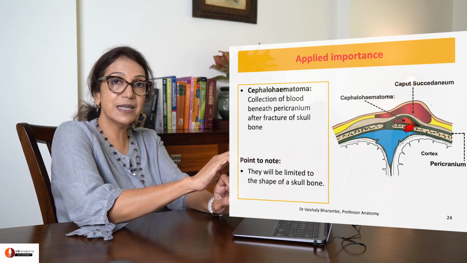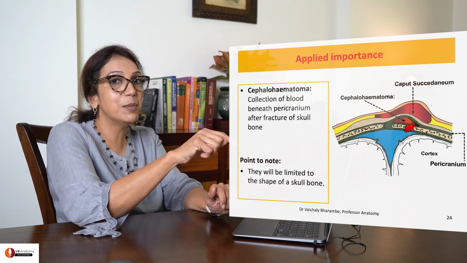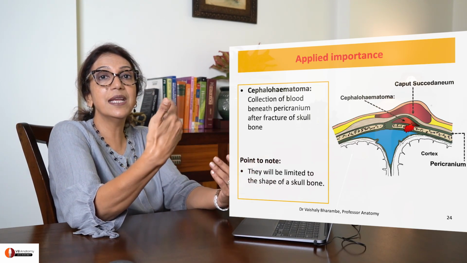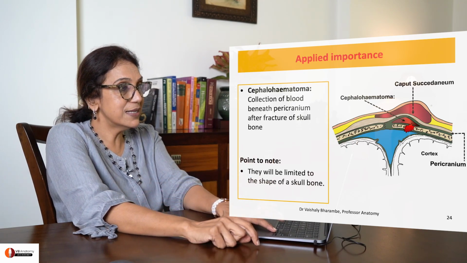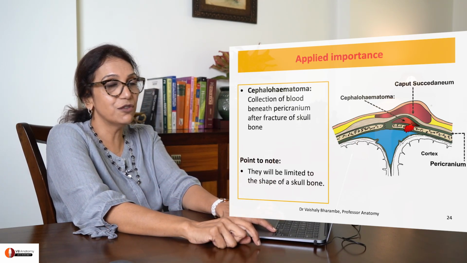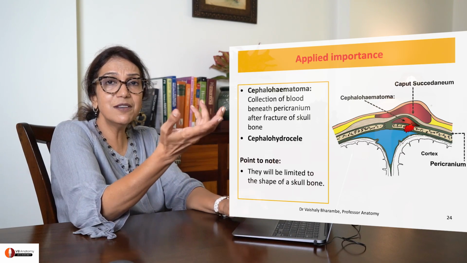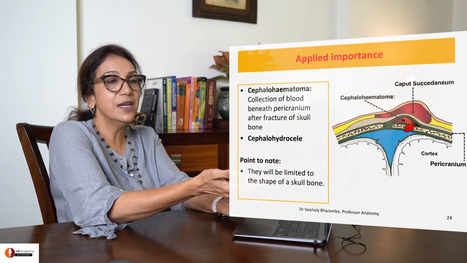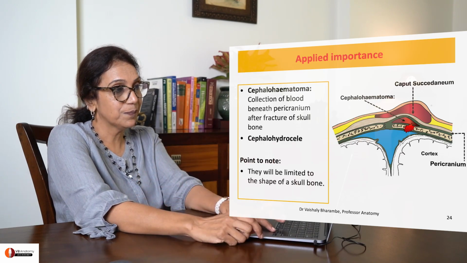This Caput succedaneum is easily able to cross the midline because it is not limited by any suture. It's a swelling in the higher layers, right? You understand? So this is the applied importance of pericranium. Sometimes CSF can get collected post-fracture, in which case the swelling is called cephalohydrocele.